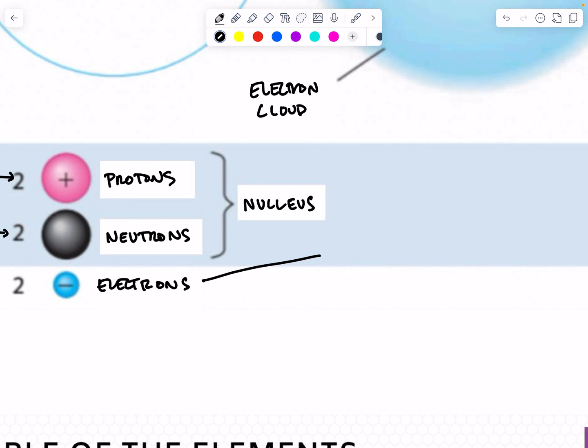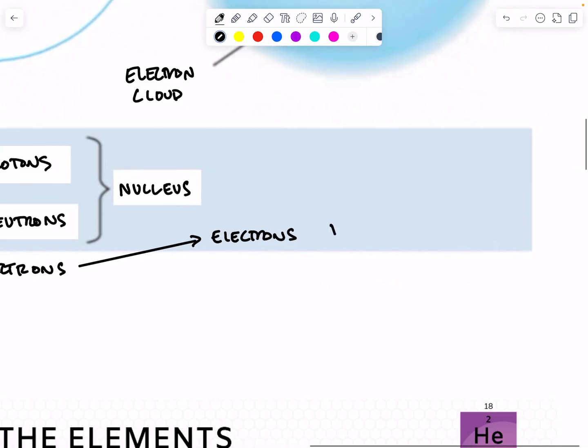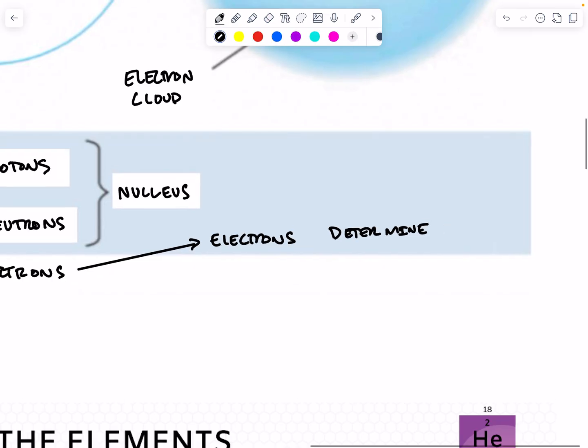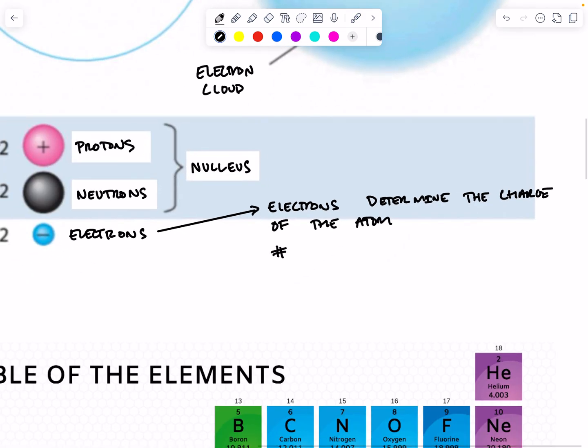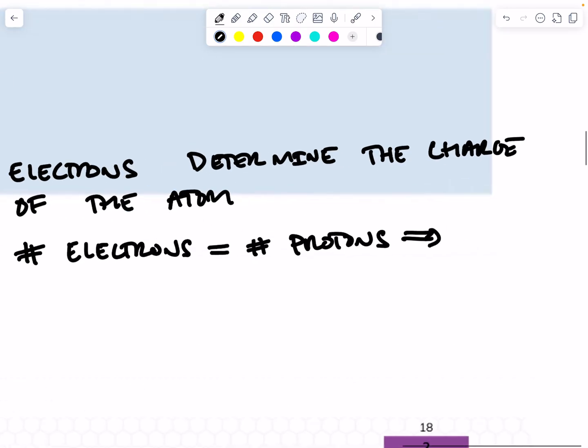Okay, the electrons determine the charge. So if the number of electrons in the atom is equal to the number of protons, this leads to a neutral atom.